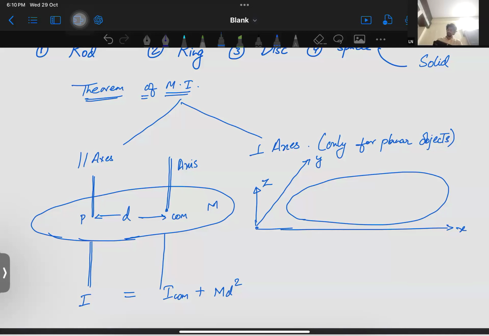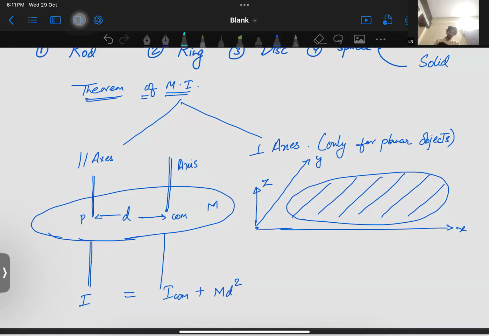This is the object which is in one of the planes. You can see that it's in the XY plane. So now this is valid for three mutually perpendicular axes. Two of them must be in plane, one of them is perpendicular.